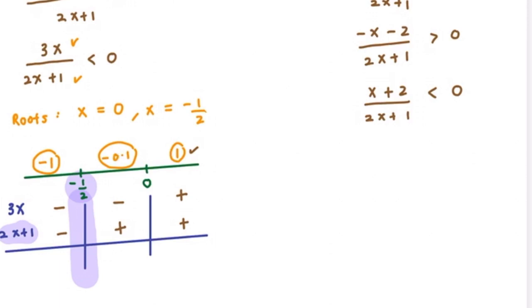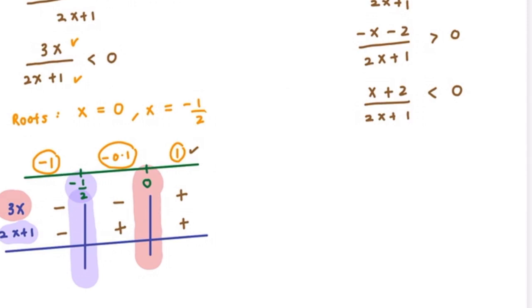Without substituting all these values, you just use your ruler, put it on the line of negative 1 over 2. So the right side is all positive. The left side is all negative. Same goes to the second root here. You are having 0 from the second root. So put your ruler here. This is the factored form 3x.